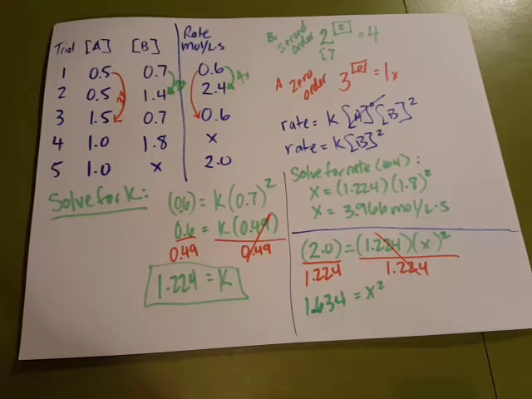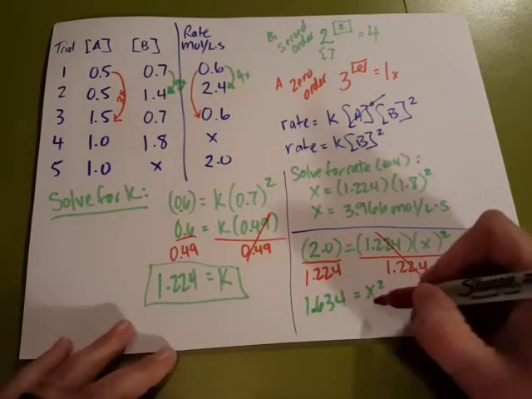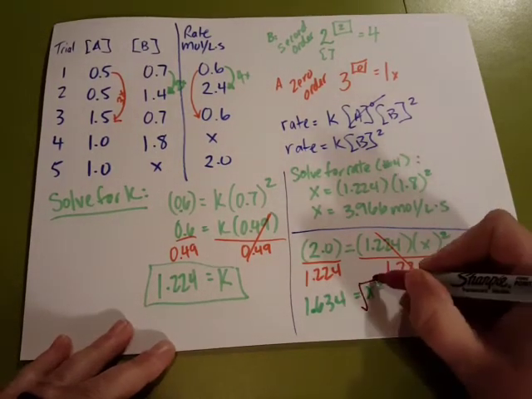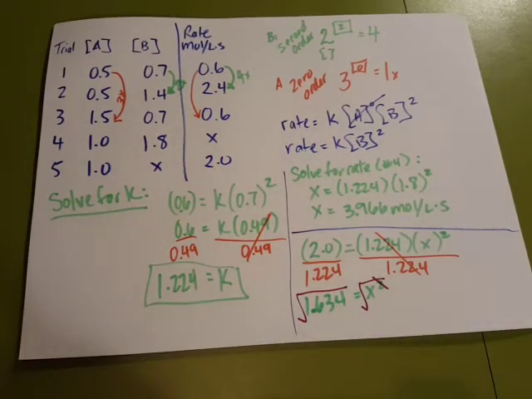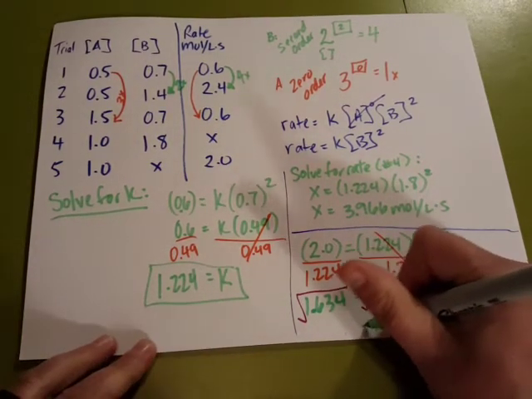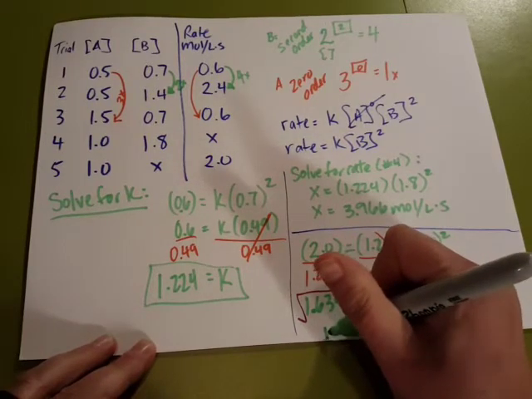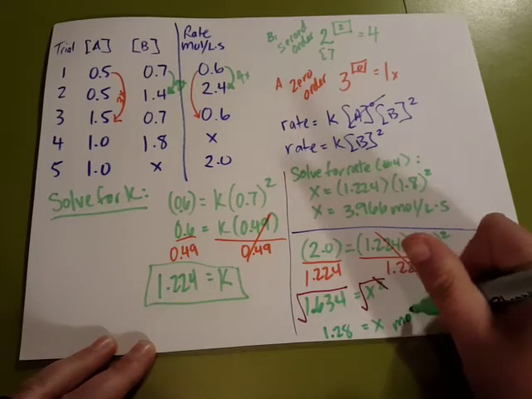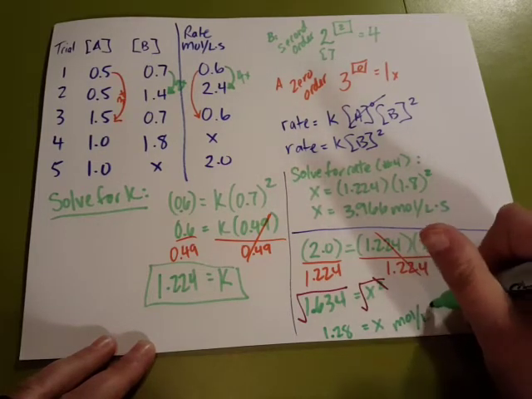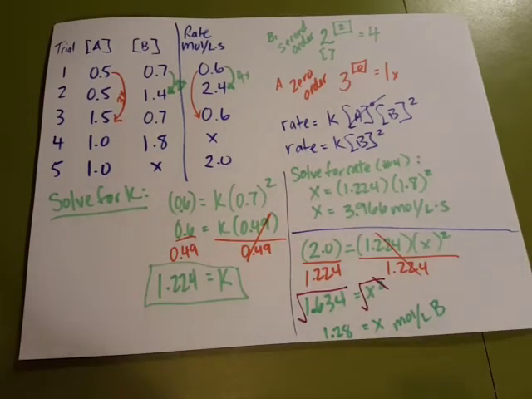The opposite of square is square root, and that actually can cancel the square. So when we take the square root of 1.634, that gives us just one single x here and a value of 1.28. And that is the moles per liter of B that we just found.